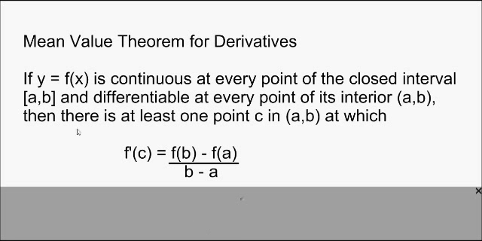So the mean value theorem for derivatives says that if y equals f of x is continuous at every point of the closed interval a comma b, and differentiable at every point of its interior a comma b, then there is at least one point c in a comma b at which f prime of c, so the derivative at c, equals f of b minus f of a over b minus a.